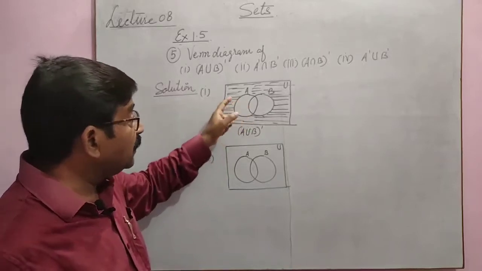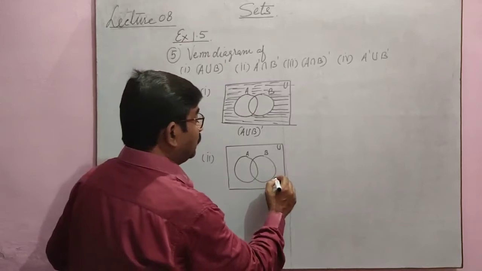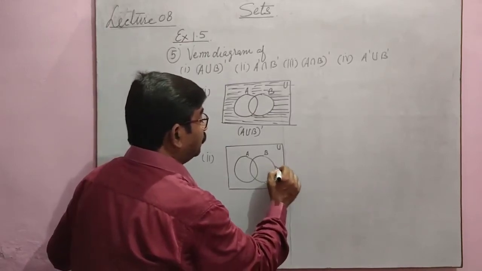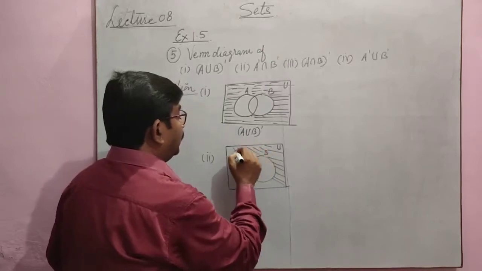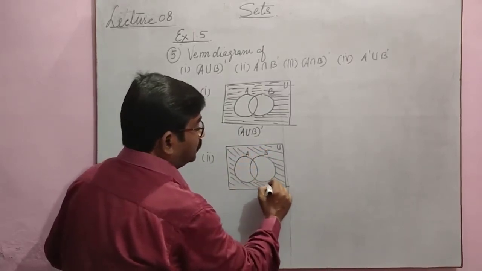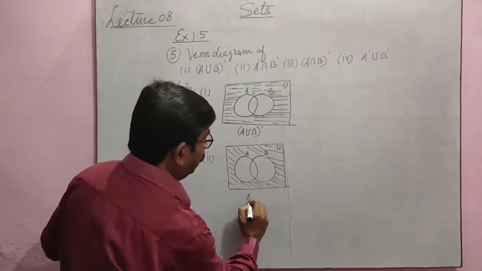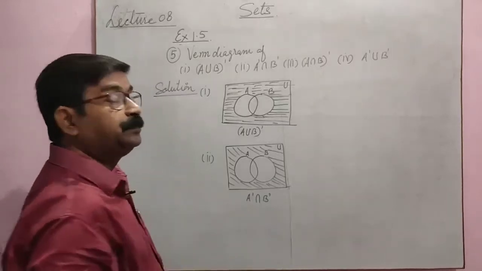So what is left? Removing this portion from this, this will be the same diagram as the first part. Why? Because it is De Morgan's law. Both are same. So this is A complement intersection B complement.